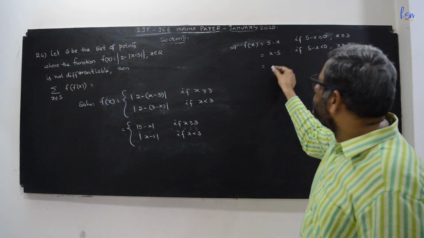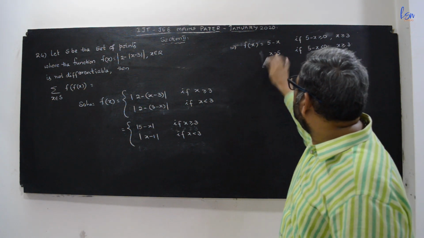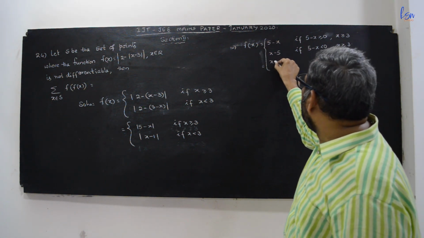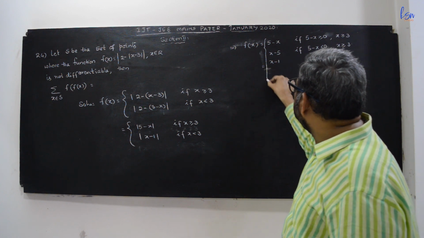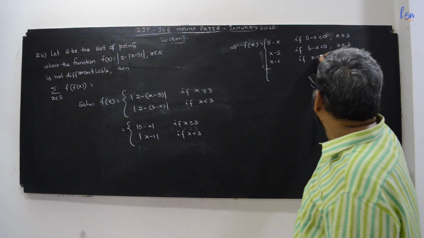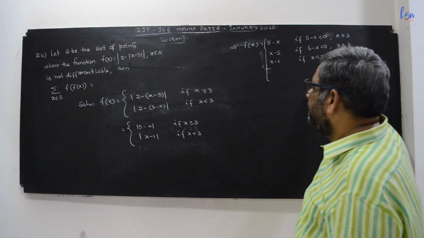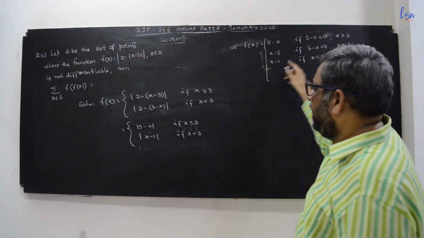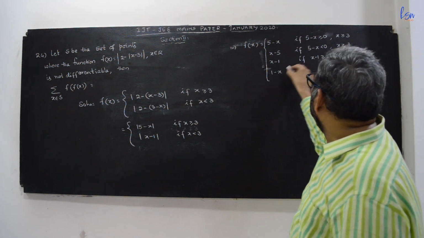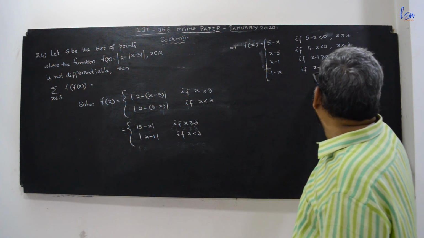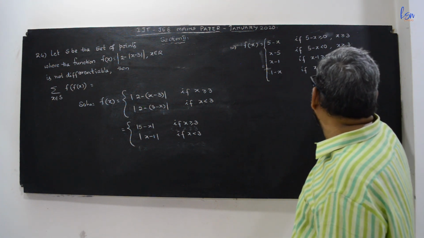And this can be taken as x minus 1 if x minus 1 is greater than or equal to 0 and x is less than 3, and 1 minus x if x minus 1 is less than 0 and x is less than 3.